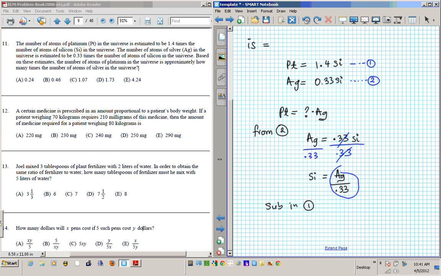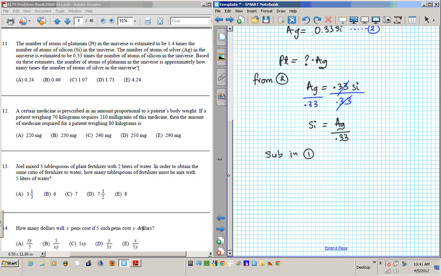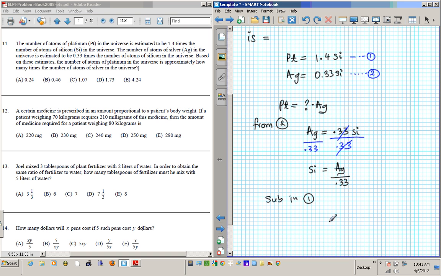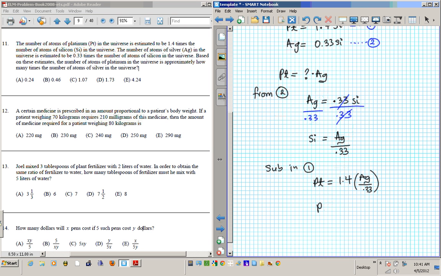If I do that, I'm going to have PT equals 1.4, instead of SI, I'm going to put AG, which is silver, over 0.33. If I rewrite it, I have PT equals 1.4 over 0.33 times silver. So 1.4 over 0.33 will give me my answer.